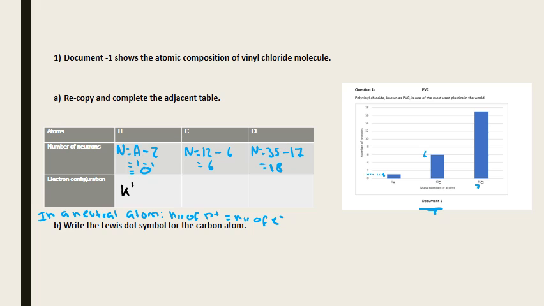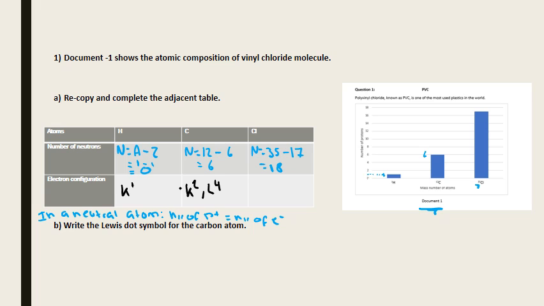For carbon, we've got the number of protons is 6, so the number of electrons must be 6, because in a neutral atom, number of protons equals number of electrons. So remember, K can hold a maximum of 2 electrons, so it's K2, and then L4. 4 plus 2 is 6.